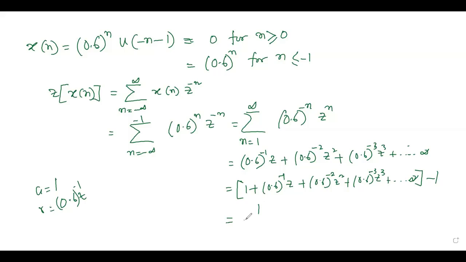So 1 by 1 minus x. So that is 0.6 z, minus 1. ঠিক আছে? ভুল করেছি কি?